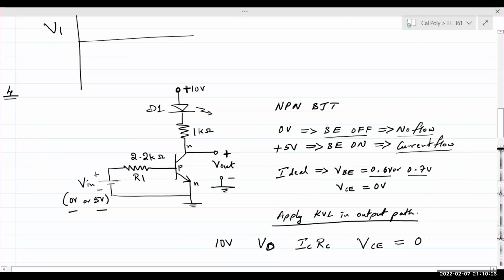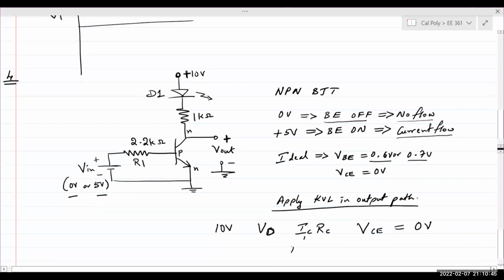They should sum up to 0 volts. And of course, VCE, we have already confirmed, should be equal to 0. So you plug in the values and you solve for IRC. IRC is, of course, basically the collector current. That's where the resistor is connected.